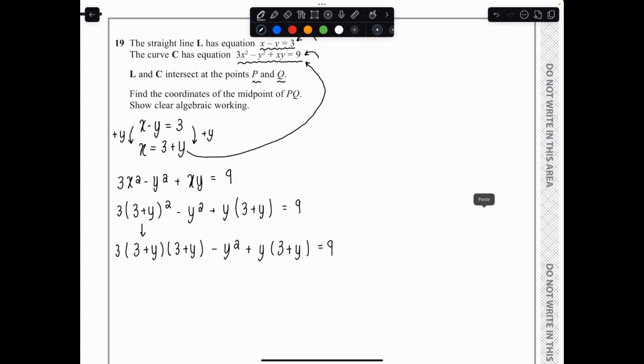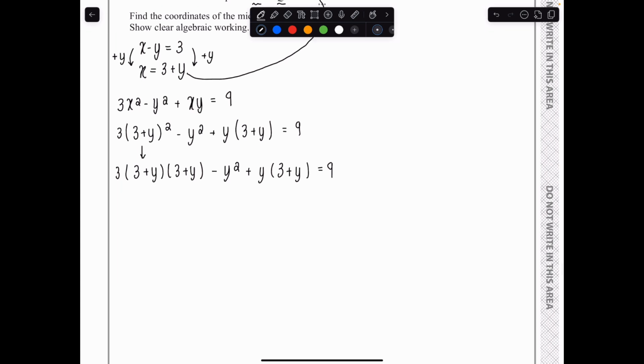So from here, let's start expanding out these brackets and see if anything simplifies. We had a 3 on the outside, but now let's expand out this set of double brackets. So 3 times 3 is 9, 3 times y is positive 3y, y times 3 is positive 3y, and then we have y multiplied by itself, so we get plus y squared.